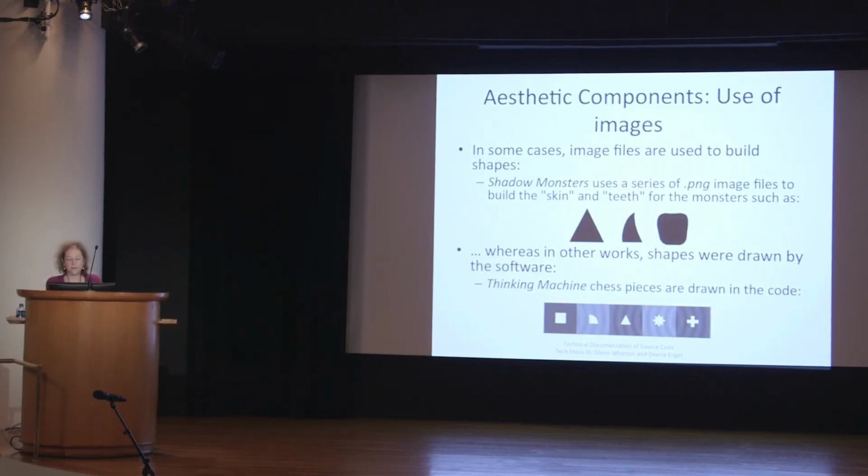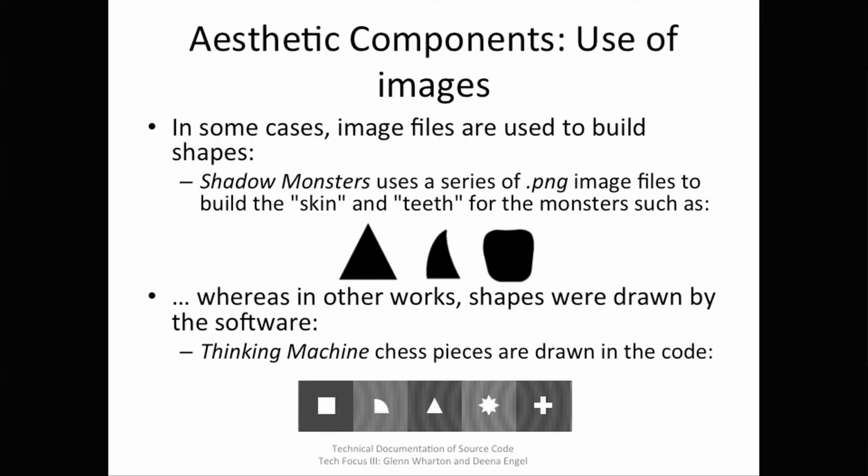Another issue from a conservation perspective that can be very difficult to determine by eye without examining the code is the source of the images. So, for example, in Shadow Monsters, there's a series of PNG files to represent hives on the skin and funky teeth and all of this.